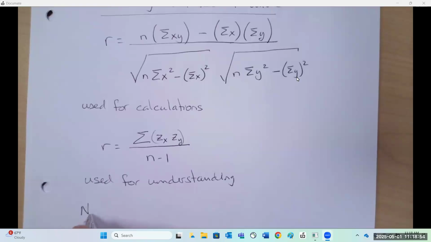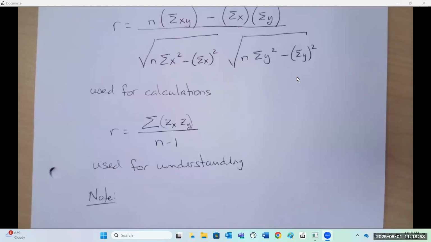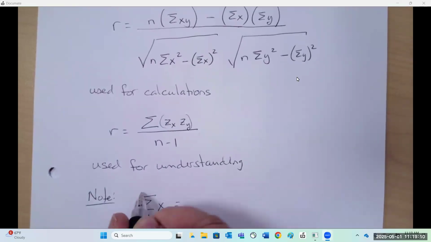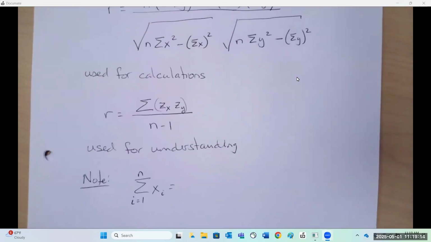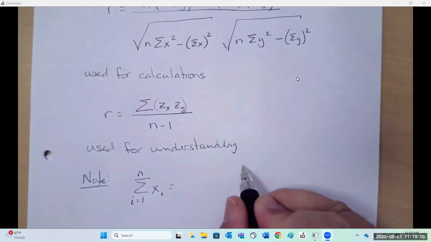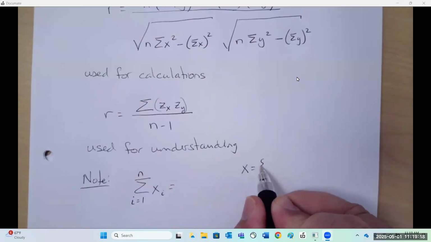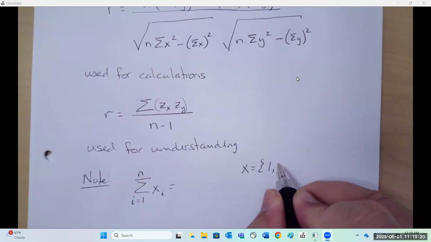Here's a note really quick. Does everybody know what the summation symbol stands for? What does that mean? Right. It's supposed to look like this. It's an index term where, let's say, x represents the set of your data.